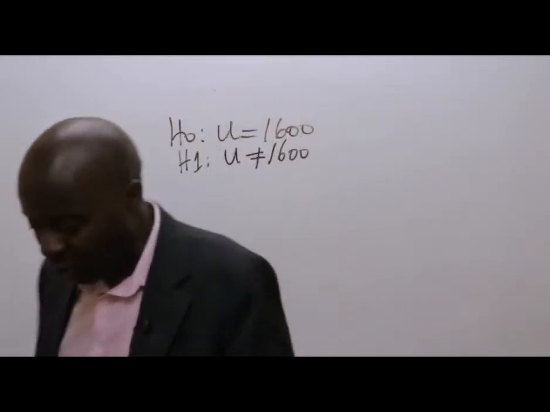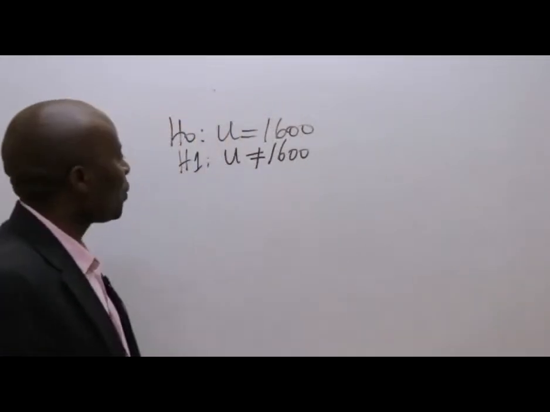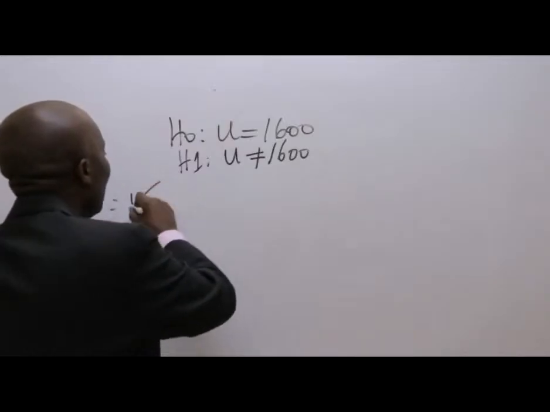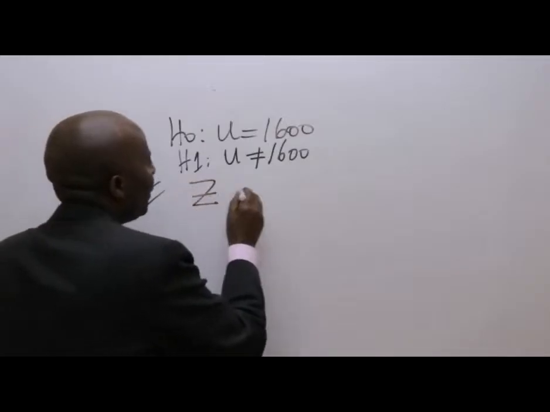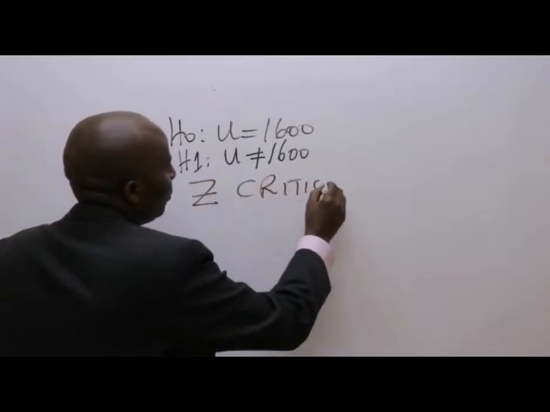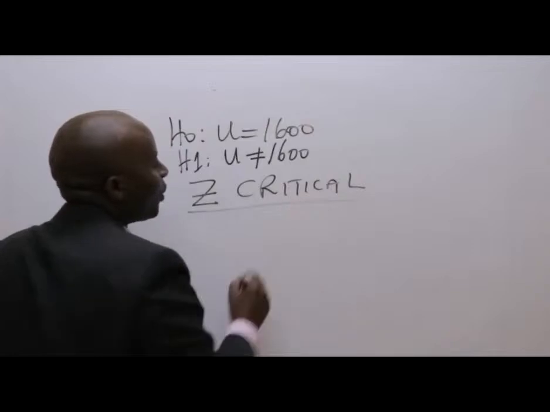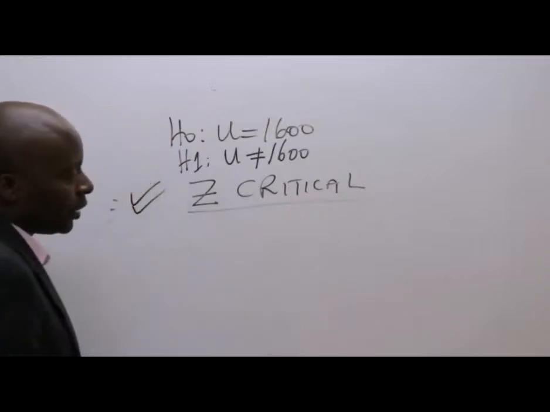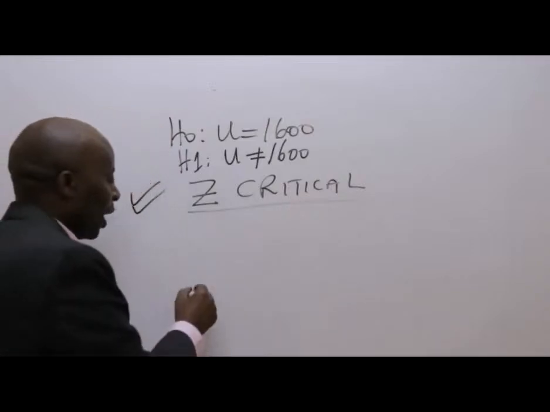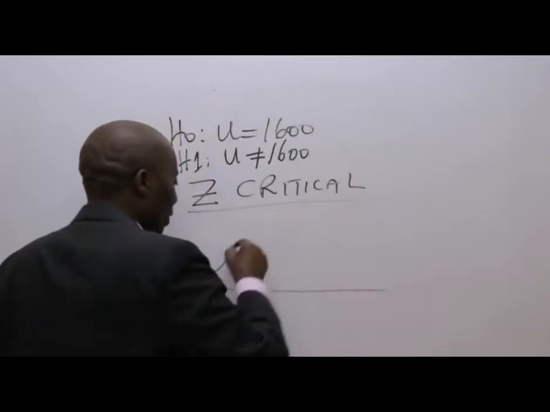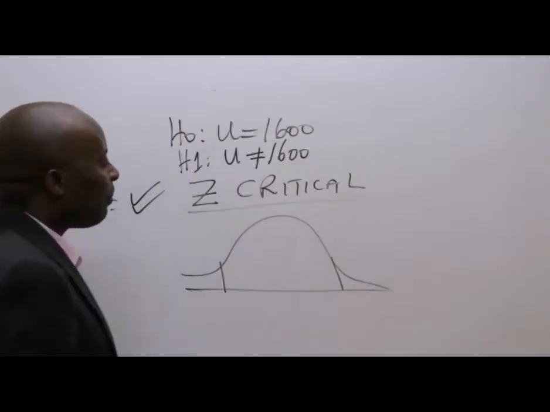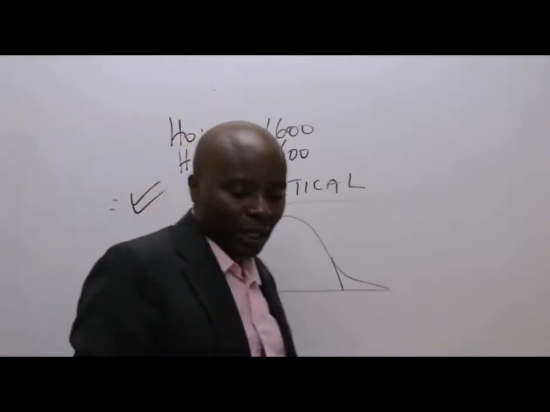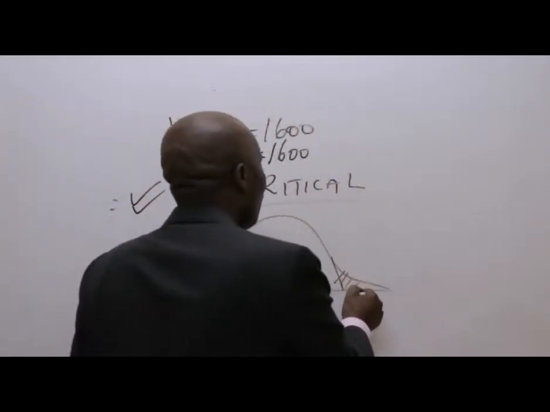Step number 2, ladies and gentlemen, given that this is a large sample, come and give us the Z critical. So for Z critical, we have to draw our good diagram. Remember here, this examiner has given us the level of significance.